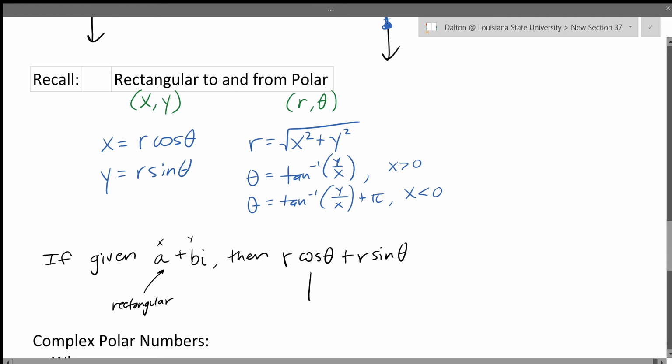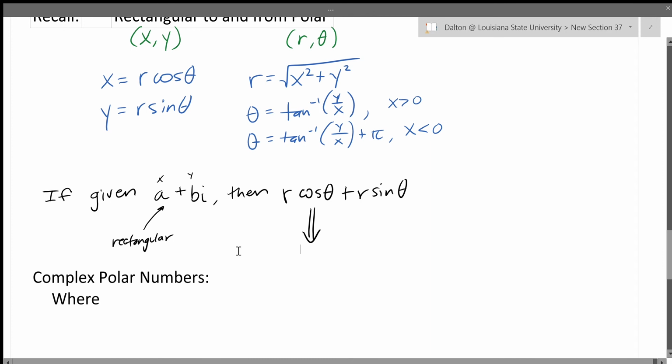Which implies that our complex polar numbers, so earlier we talked about the rectangular, this is the rectangular number. Polar numbers are going to be written in this form. I'm just going to rearrange it a little bit. Most times we will see the r being factored out: r sine theta i, because that's bi.